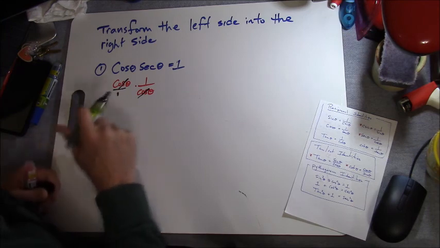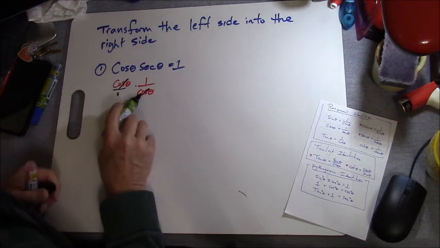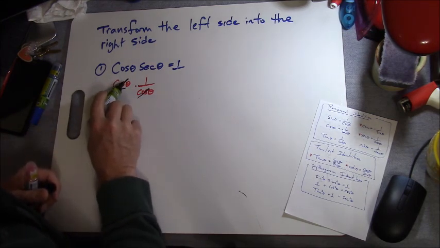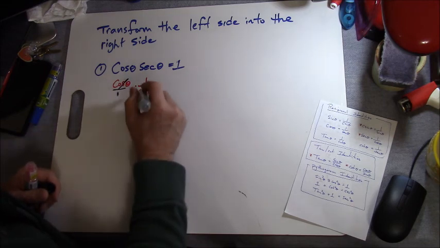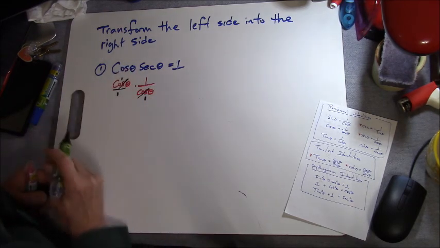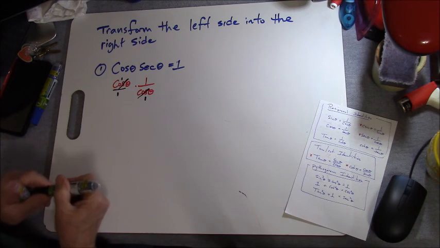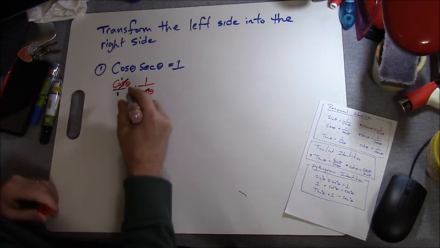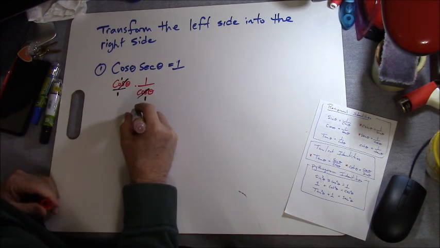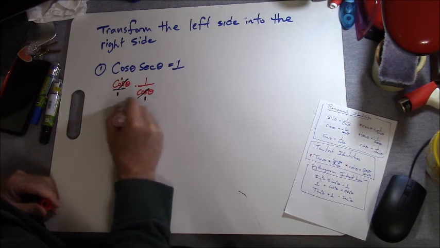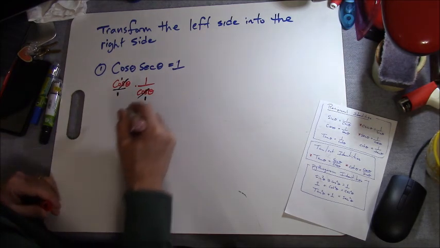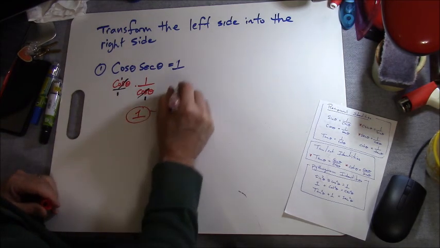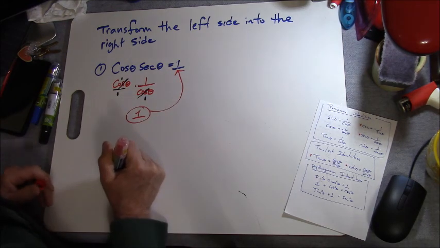And when I say cancel, what I really mean is this divided by this equals 1. And so I'll put a 1 in both of those spots. Now what I have is 1 times 1 is 1 over 1. That's just 1. And what I usually do is I just circle it and go, yep, that's what I was trying to get.